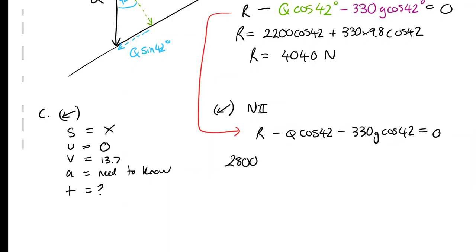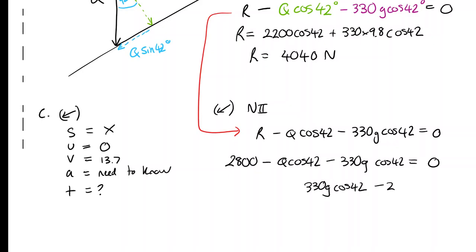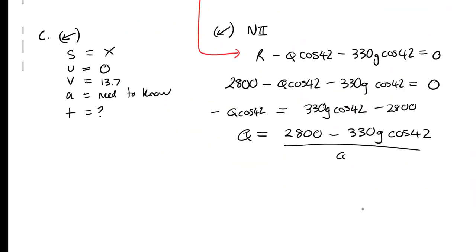So 2,800 minus Q cos 42 minus 330 G cos 42 is equal to 0. So Q is the only unknown. We can solve for Q. So I'd have 330 G cos 42 minus 2,800 is equal to minus Q cos 42, or more usefully, Q is 2,800 minus 330 G cos 42 all over cos 42.